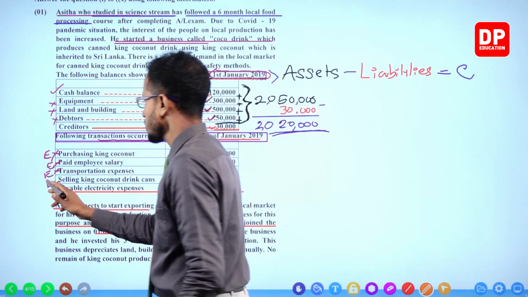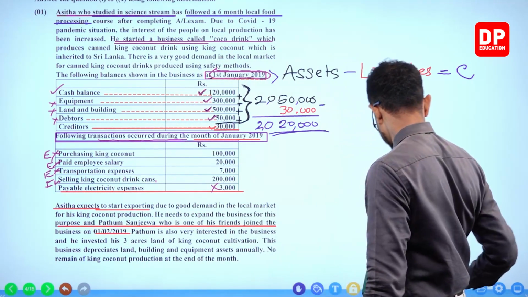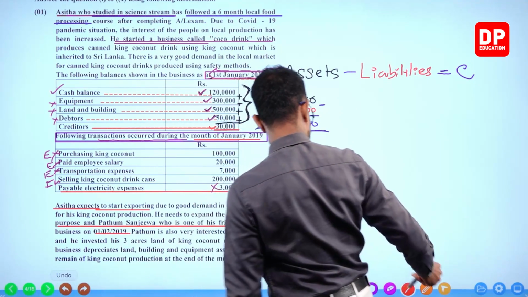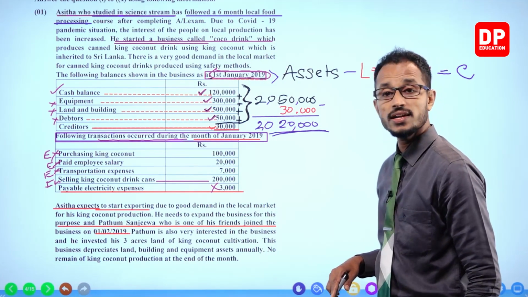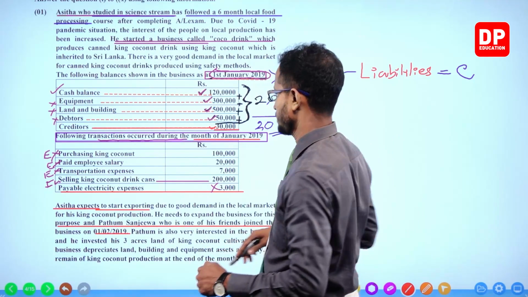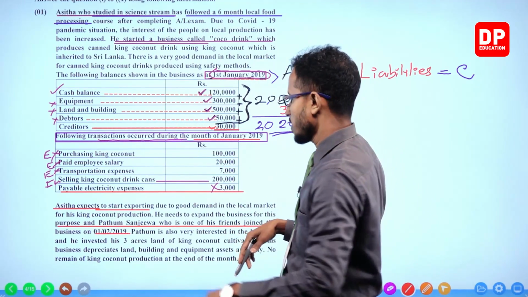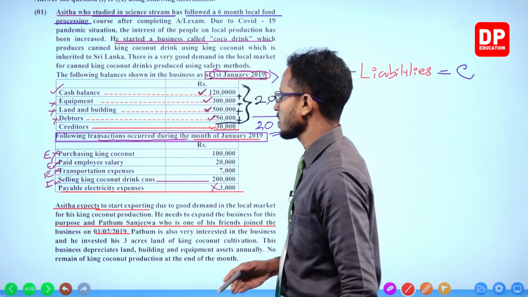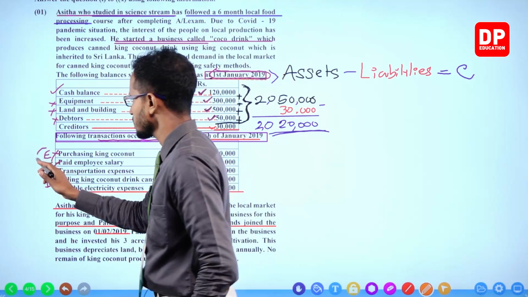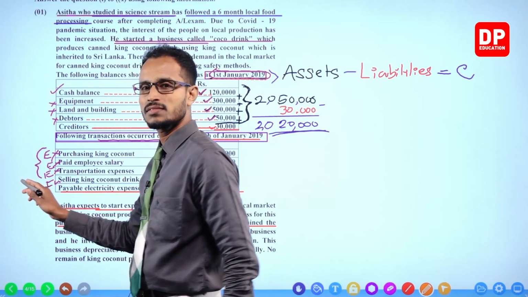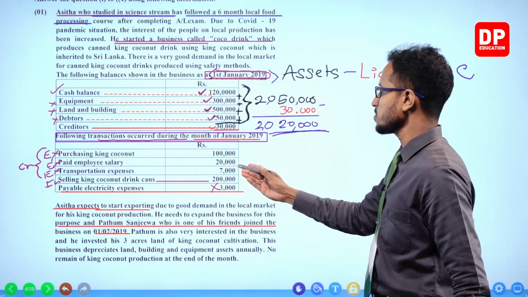Take the income first, 200,000. That is sales. Debit, because cash comes into the business. Sales, debit. All these expenses, credit. Easy, right? Take expenses 100,000, 20,000 and 7,000.